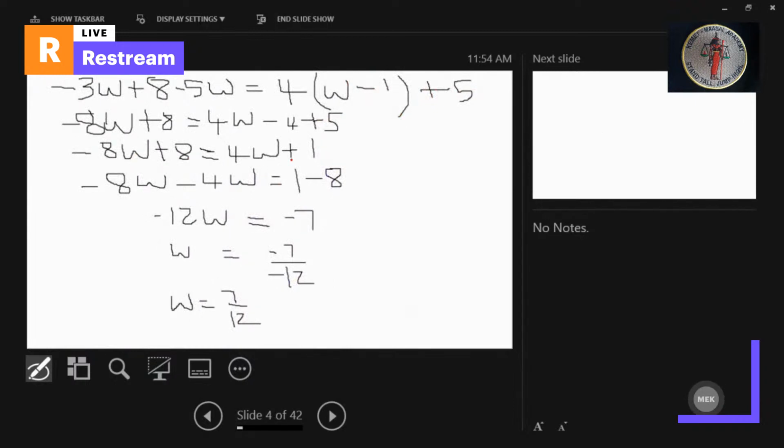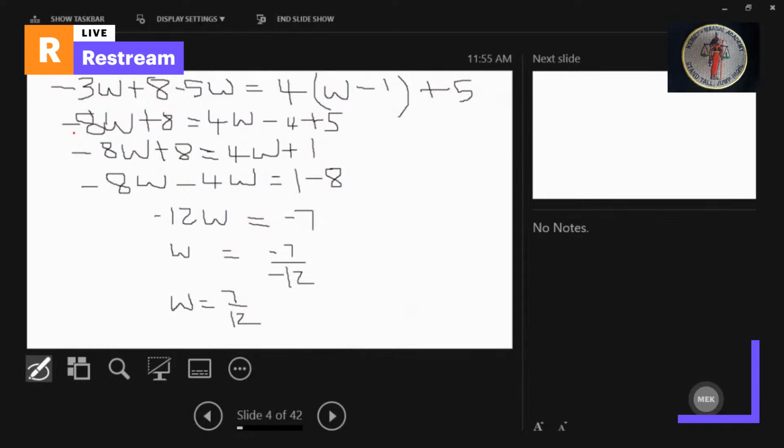So what we did is we're expanding the brackets. Sorry, we grouped the negative 3W minus 5W, that gives us negative 8W. And when we expand this bracket on the right, 4 times W is 4W, 4 times negative 1 is negative 4. And we group the negative 4 plus 1 to get 5.